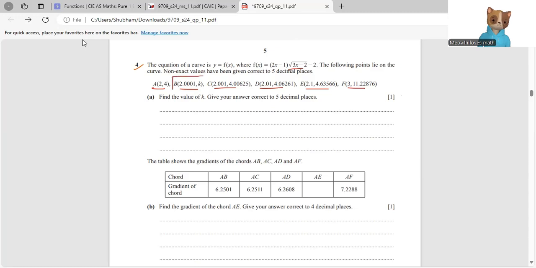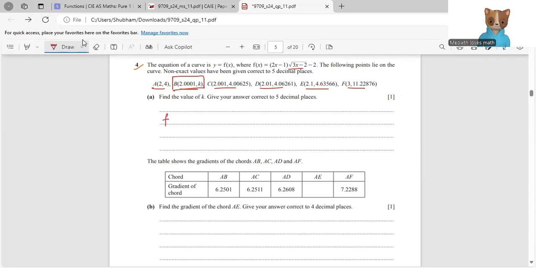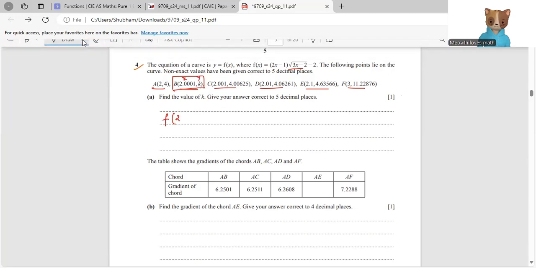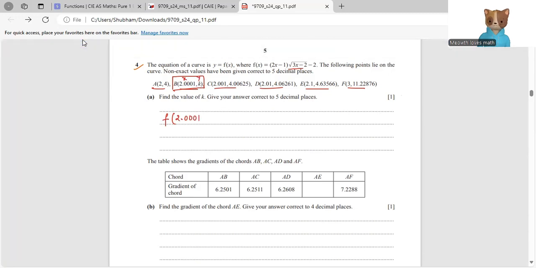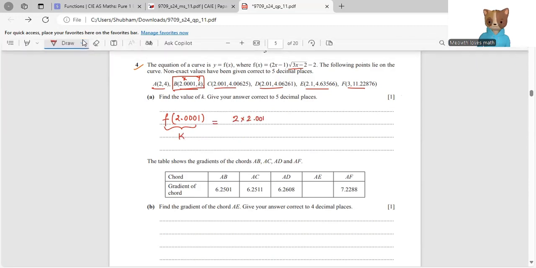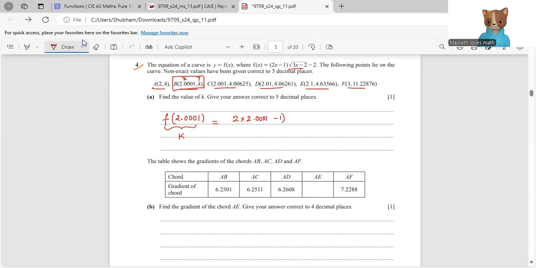So we have to find the value of k. That means we have to plug in this point, right? And all these points satisfy this curve, because it is mentioned the following points lie on the curve. And therefore, all I need to do is, this is my x value and y is equal to k. So when x is 2.0001, f of x is only called as k, is equal to, I just plug in over here, 2.0001 minus 1, under root opens.